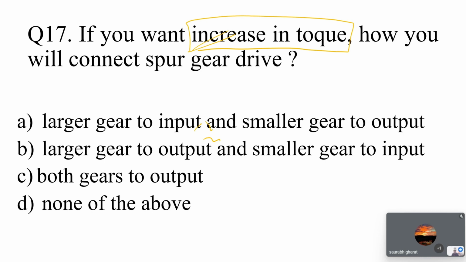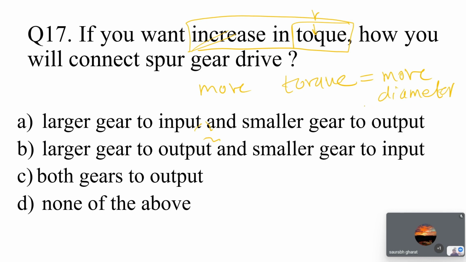Okay, as I already told you, for more torque you require more diameter, so the larger wheel must be at R for torque. For more torque you require more diameter, because it is transferred at the periphery mostly.